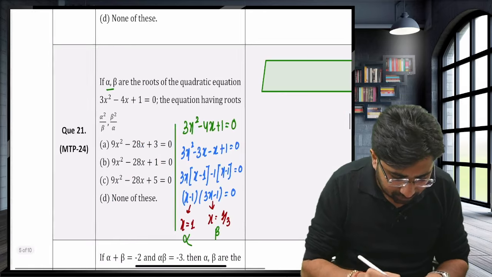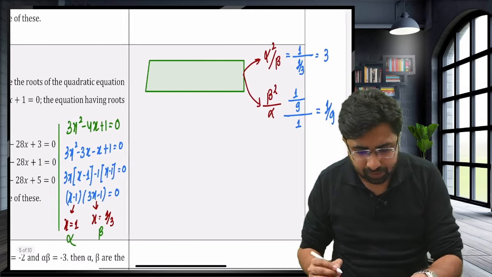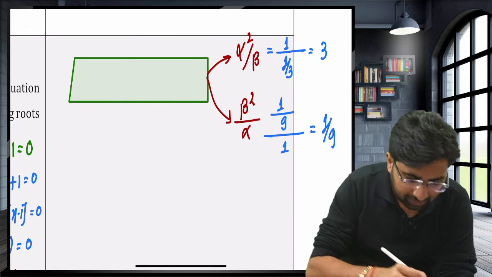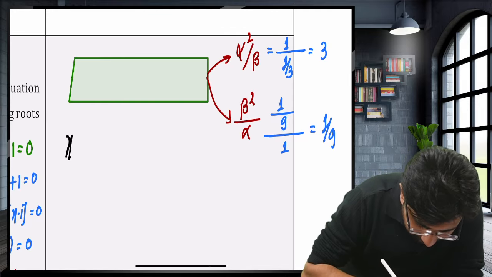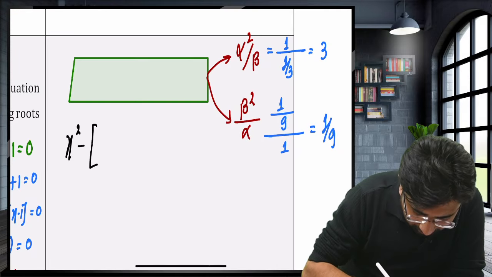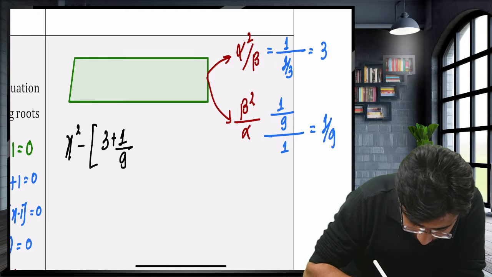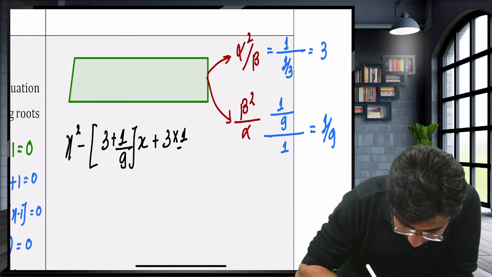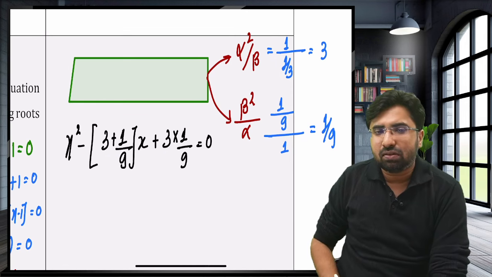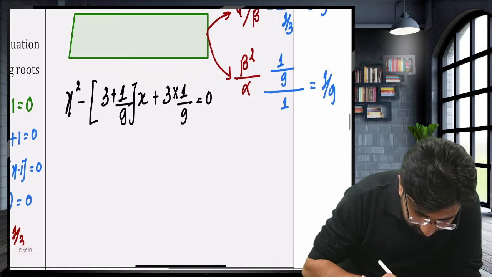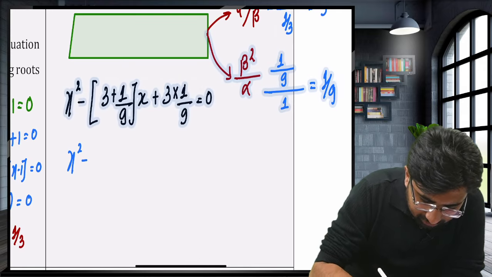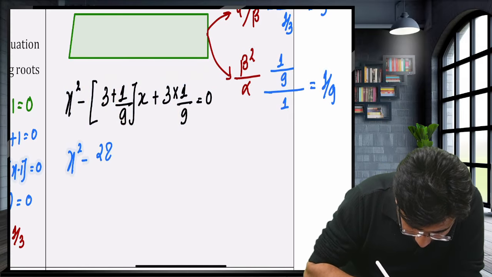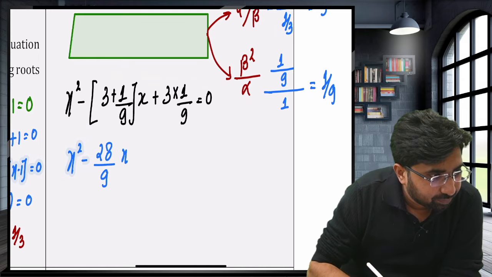If you have successfully converted these into numbers, can you form an equation whose one root is this and another root is this? Yes, we can form x square minus sum of the roots into x plus product of the roots is equal to 0. So how much will you get? x square minus, let's take the LCM, 9 3s are 27, 27 plus 1 is 28, so 28 upon 9 x.